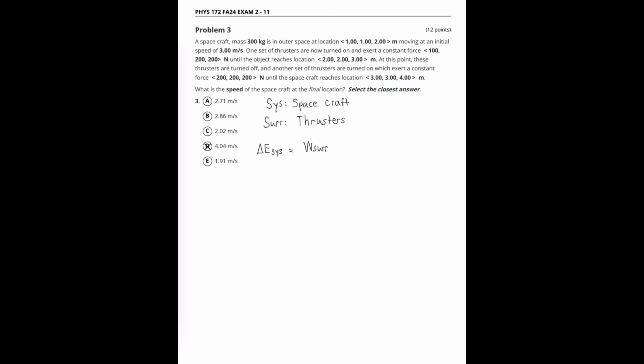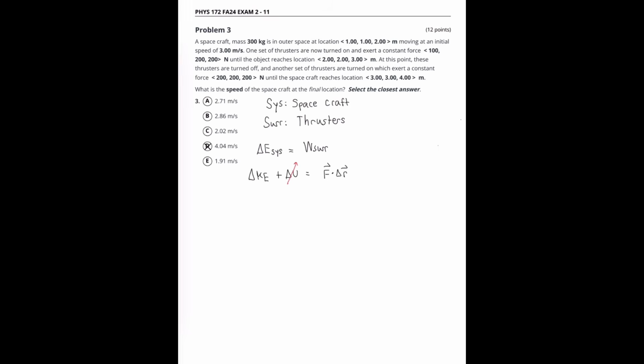We know that the system is moving at an initial speed, and we're solving for the final speed. So we have kinetic energy plus potential energy, which in this case will be 0, is equal to work, which is defined by the dot product of force times displacement.